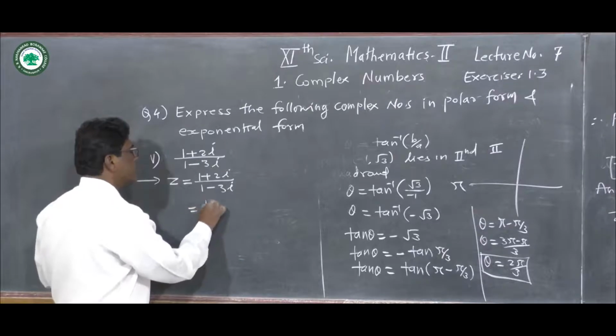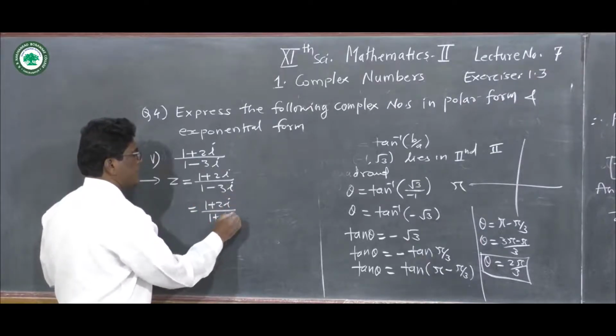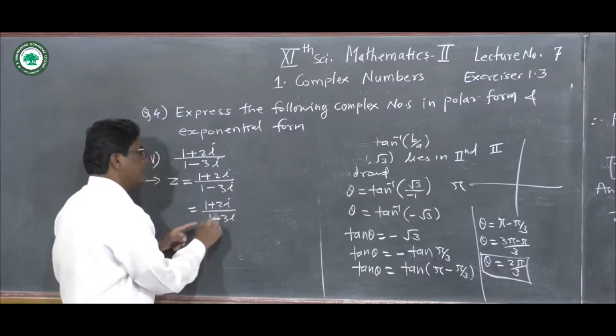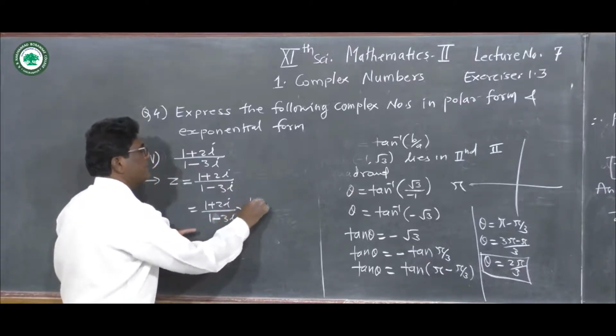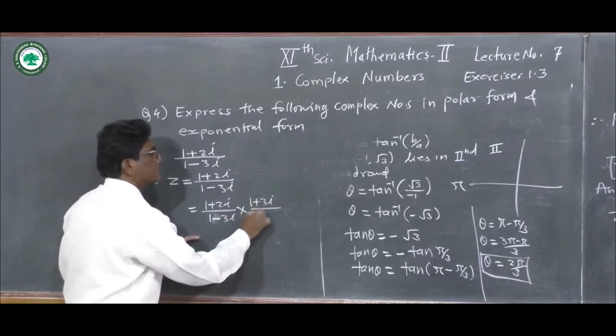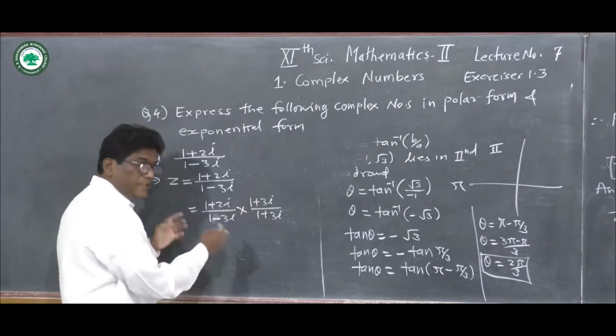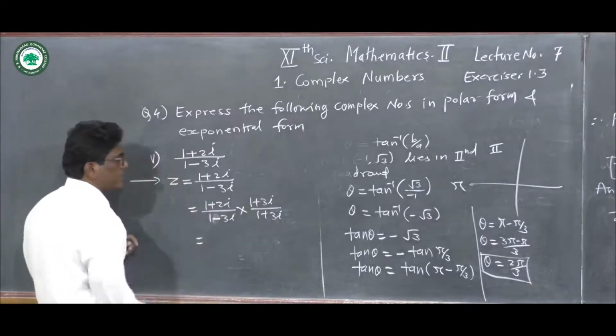So 1 plus 2i divided by 1 minus 3i as it is. Then take its conjugate, that is 1 plus 3i, and divided by the same 1 plus 3i. Now take the product of numerator divided by product of denominator.